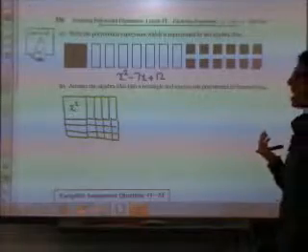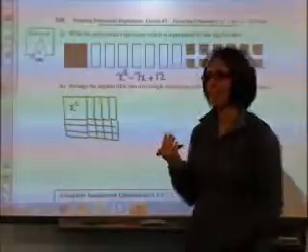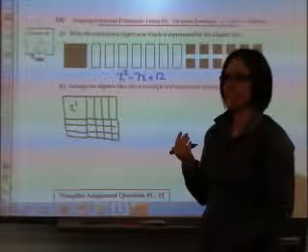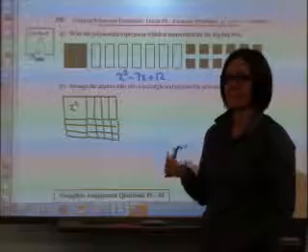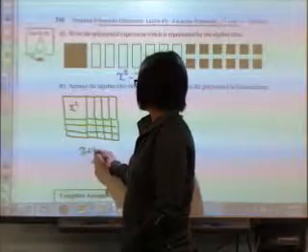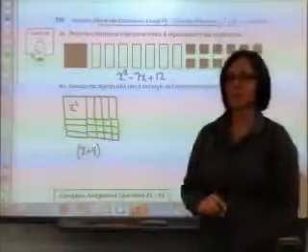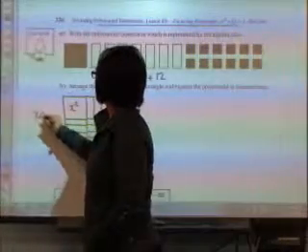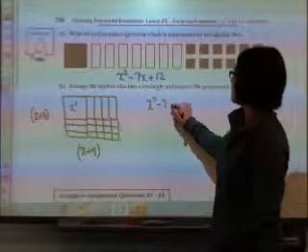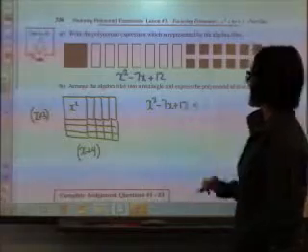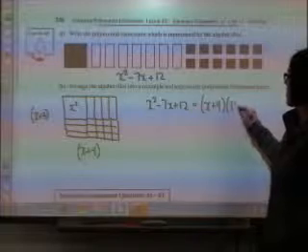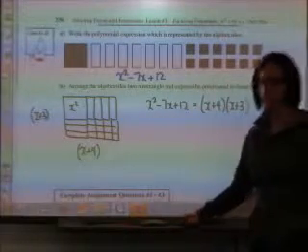What is the length of my polynomial? X plus 4. What's the width? X plus 3. So this polynomial, x squared minus 7x plus 12, in factored form becomes x plus 4 and x plus 3.